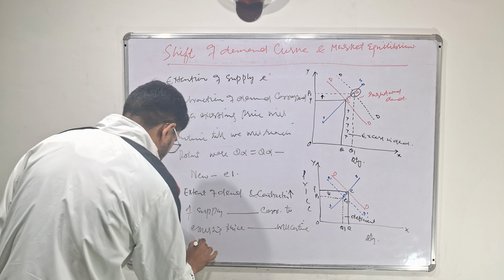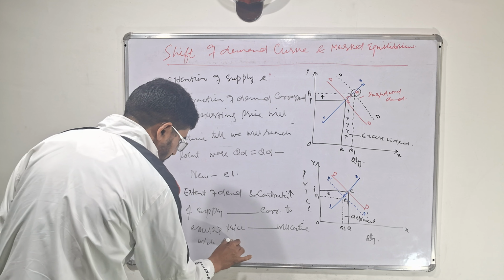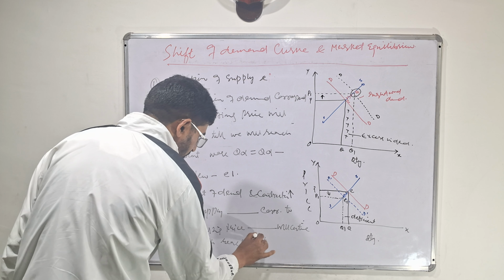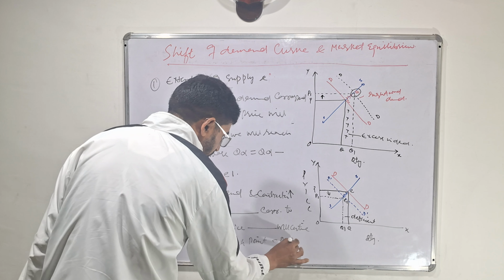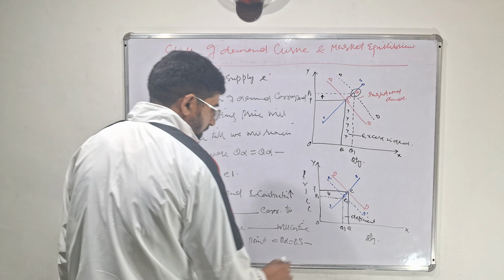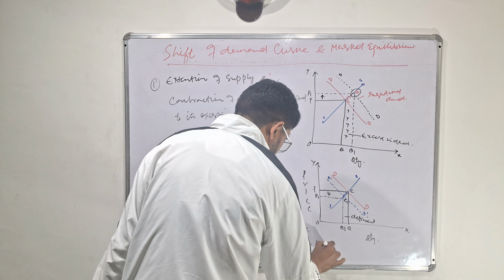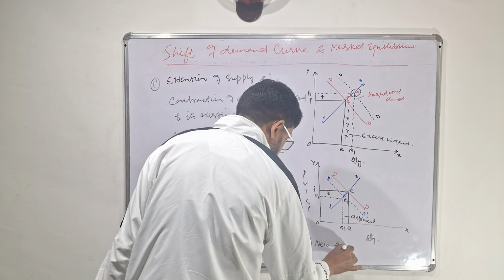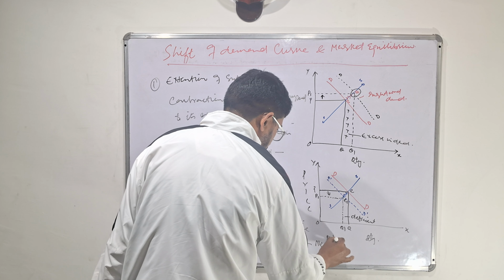We will reach the point where quantity demand equals quantity supply. That is the new equilibrium price. That's E1, the new equilibrium price E1.